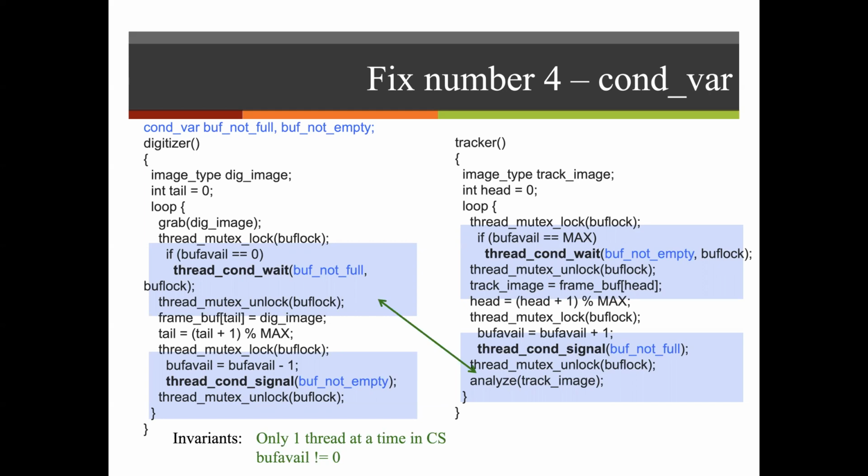And so it's important to keep in mind that our invariant in this case is only one thread at a time in the critical section, while buff avail doesn't equal 0. With our tracker, we're going to use our condition variable buff not empty, and only one thread at a time in the critical section, while buff avail doesn't equal 0.